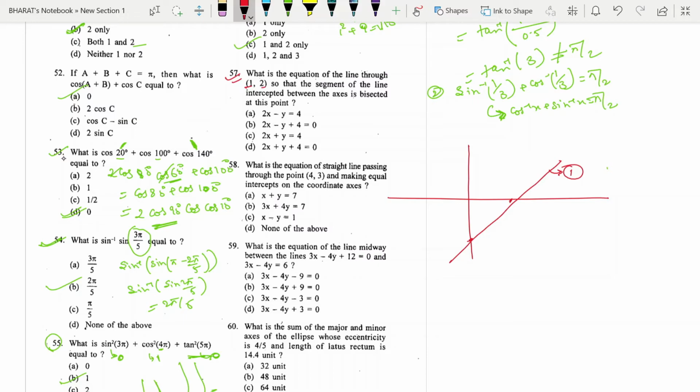This can't be our answer because it is said that (1, 2) bisects the line segment between the axes. It would be like this, but this is not possible, so option 1 is not the answer. Now we'll draw the other line, that is option B. When we make this, it will be like this. This also can't be our solution because (1, 2) does not lie here.